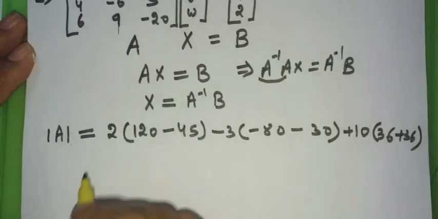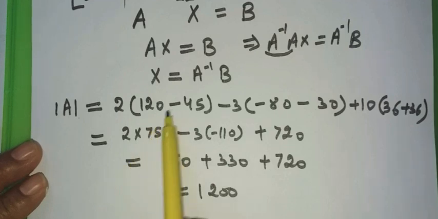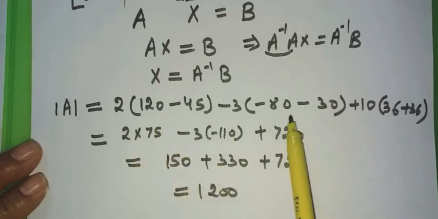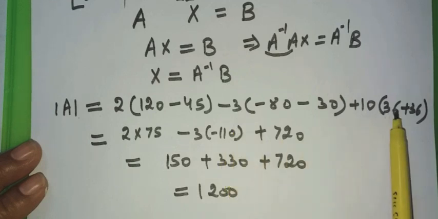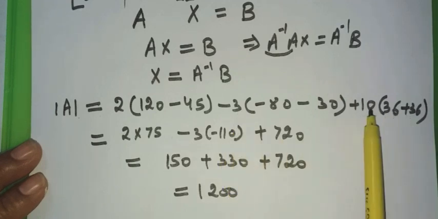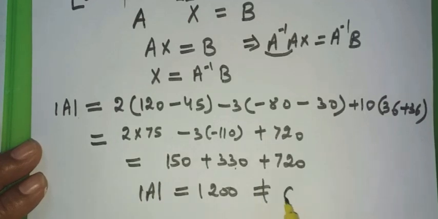So we shall be solving this, and we get 2 into 75, then 3 into 110, then 10 into 72, that is 720. So 150 plus 330 plus 720, we get the value of the determinant of the matrix A is 1200, which is a non-zero number. This implies that the given matrix is invertible with a unique solution.